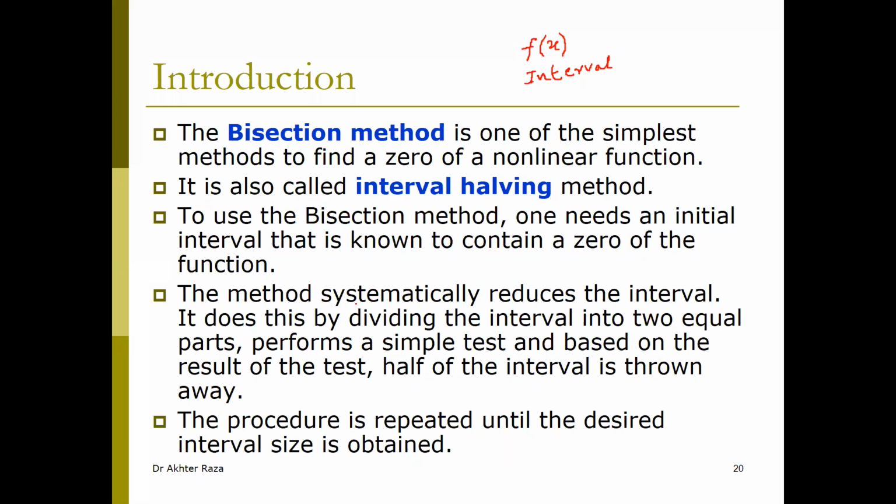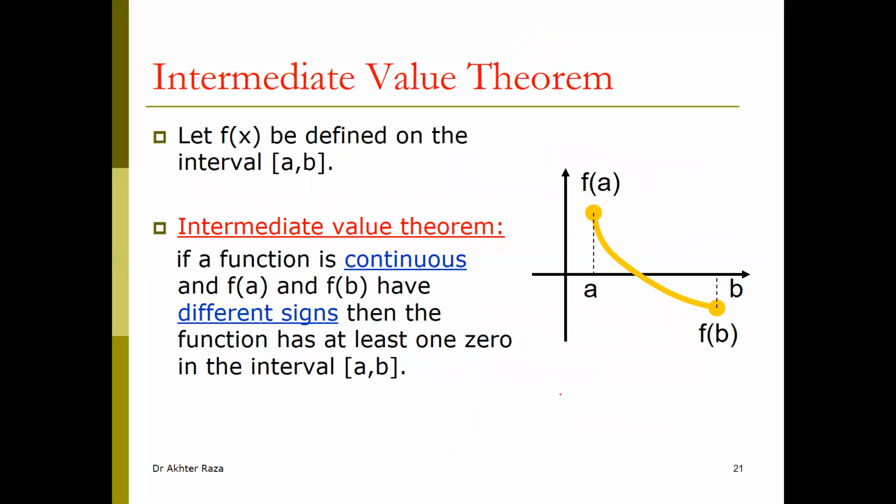The method systematically reduces the interval by dividing it into two equal parts. Now, we need f(x), defined on the interval [a, b]. The function exists within a and b.